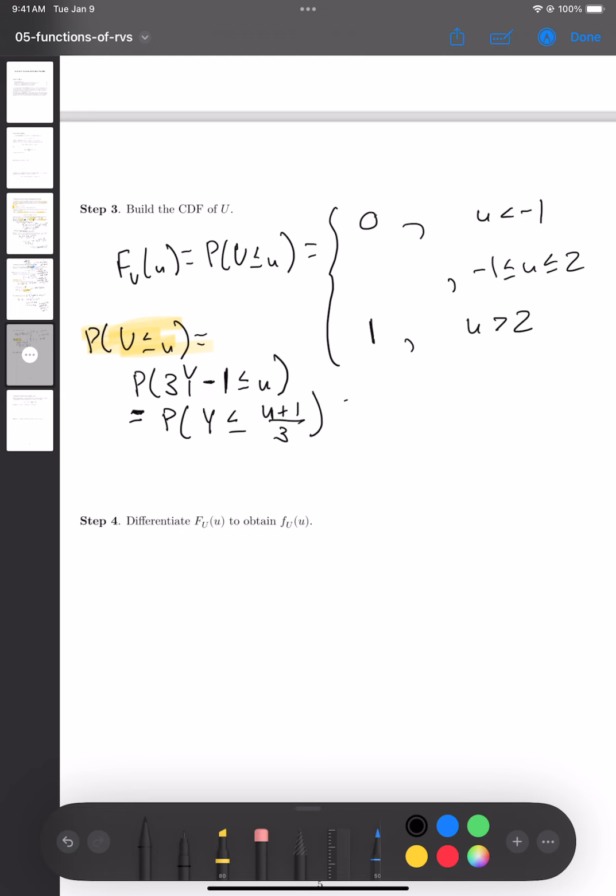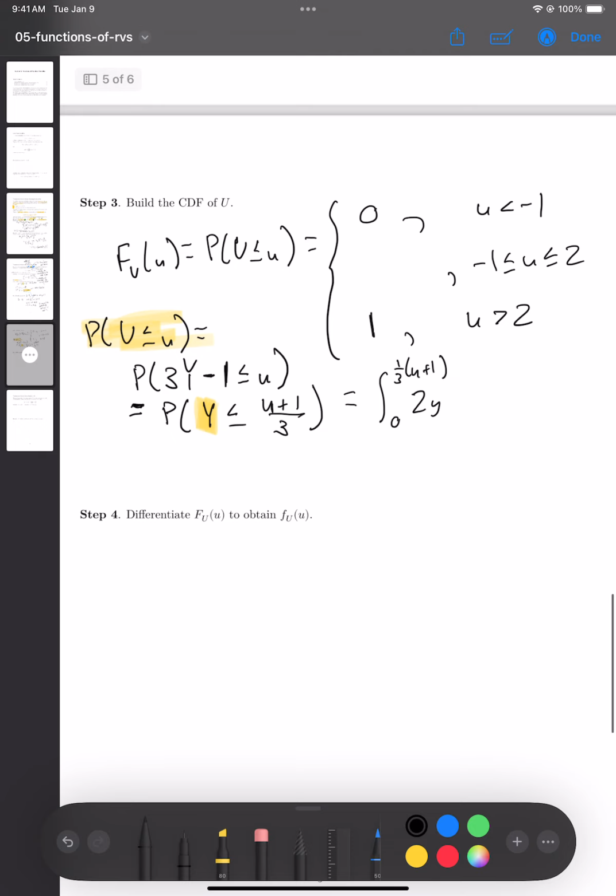So I can figure out the CDF by integrating from 0 up to (u plus 1)/3. Because I have a capital Y by itself on the left-hand side, I can use the density function of y directly here, so that's 2y dy. Finally, we have an integral that I would rather do by hand instead of going to ChatGPT.